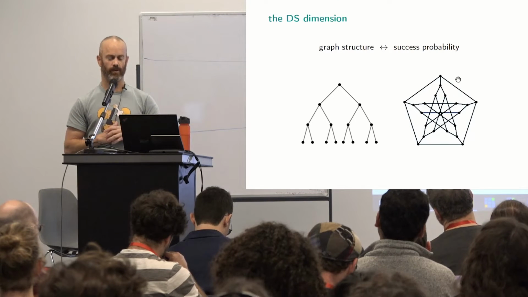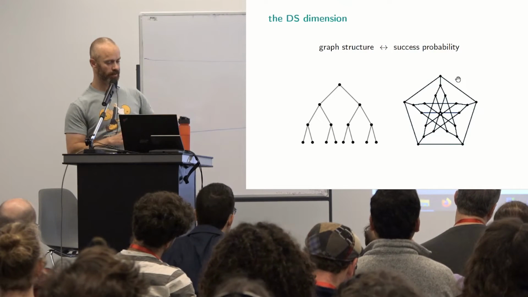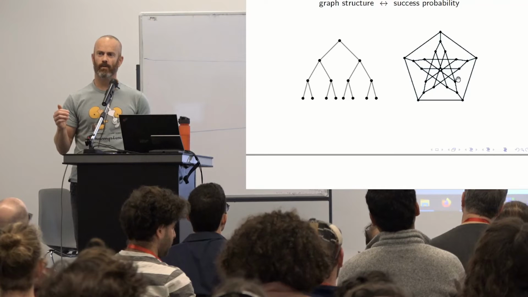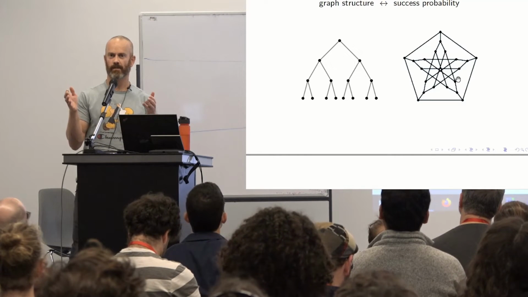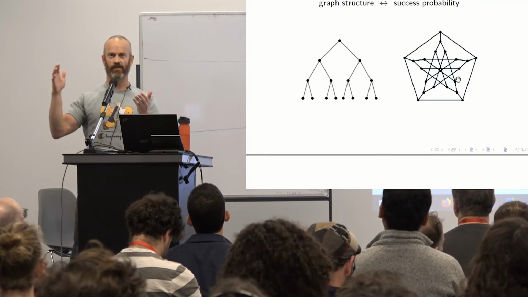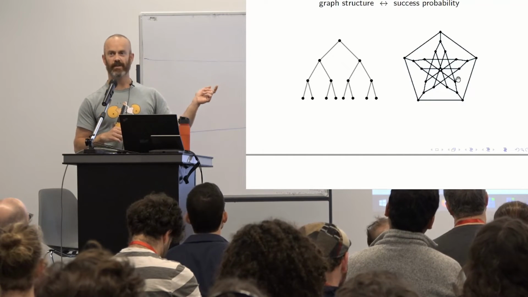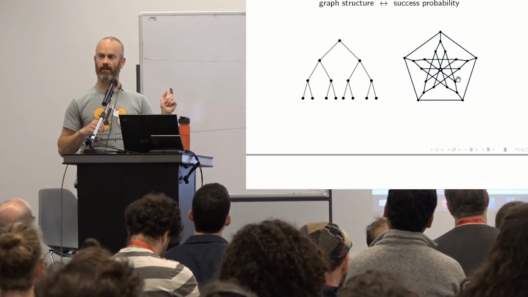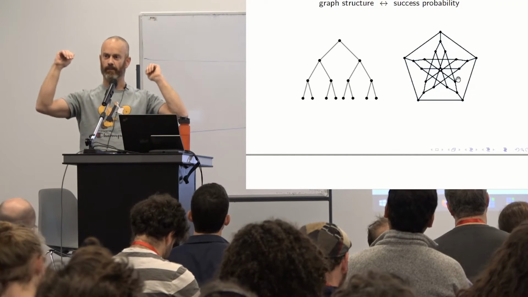But let's focus on these two examples. If the graph is regular, like this, then we have no way to do something non-trivial. The distribution on edges is uniform, nothing happens. But if the graph is a tree, we can do something non-trivial. We can direct all edges towards the root, for example.